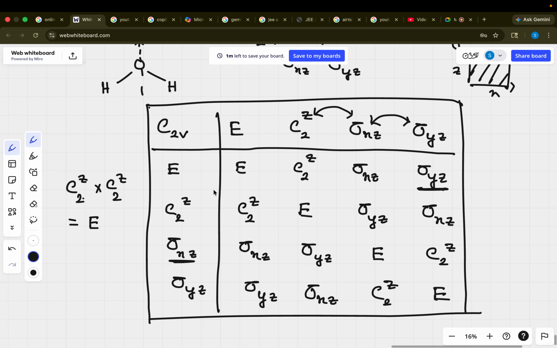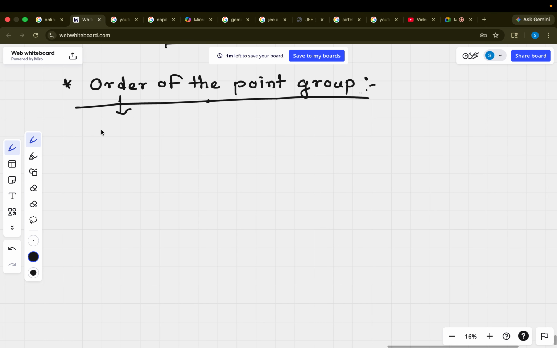So what do you mean by order of the point group? First of all, order means what? You just write down: total number of symmetry operations present in a group.